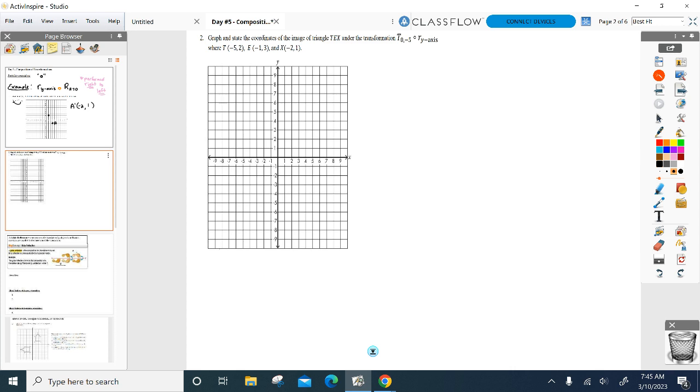All right, let's do it on an actual figure now. We got triangle TEX. Let's graph it. -5, 2 is T. -1, 3.